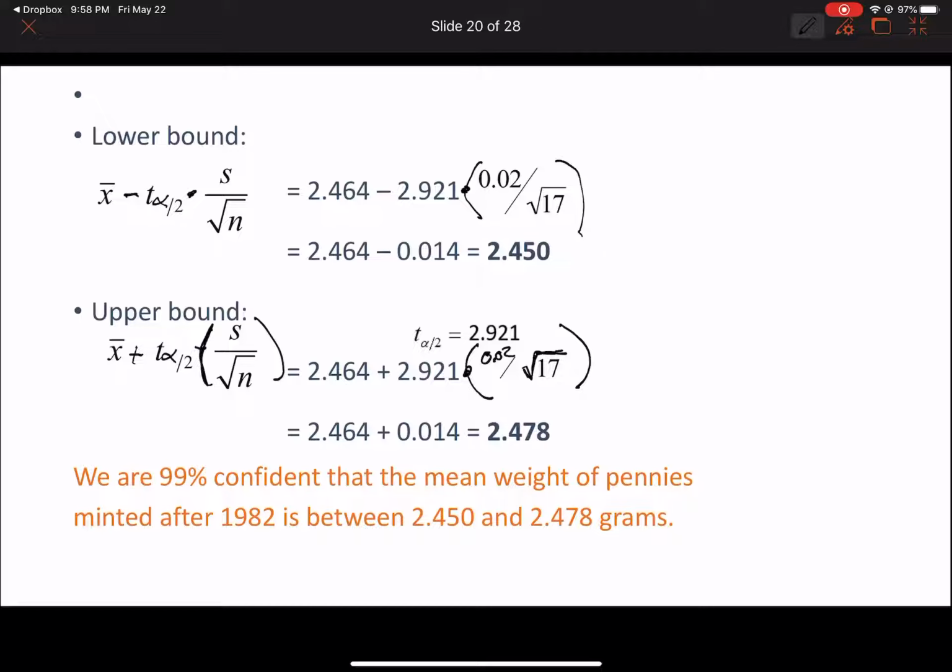There we go. So 0.02 over the square root of 17. Remember, what did we call that? This is standard error, or the new standard deviation.